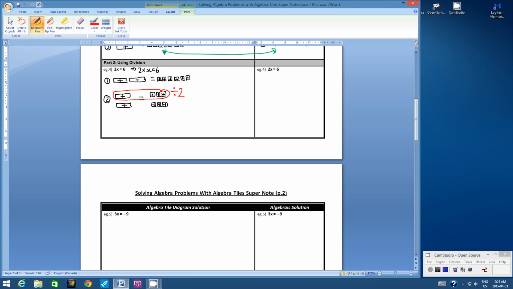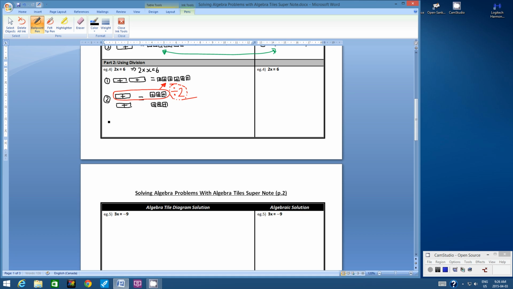Okay? And then we show an arrow that it's being eliminated. Okay? So this is very important, this arrowhead, and this divide by 2. Okay, and why are we dividing by 2? Because there are two groups, because there are two x's.